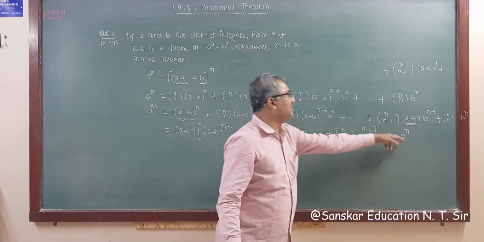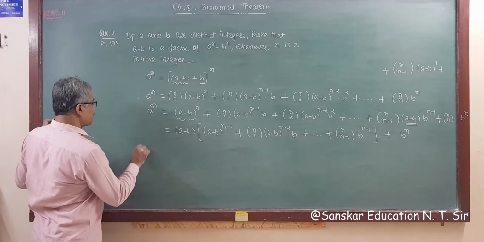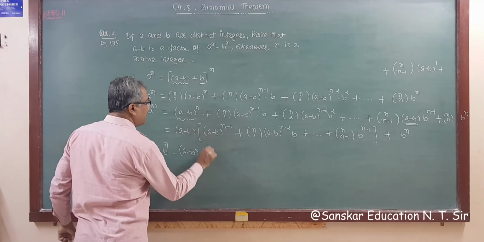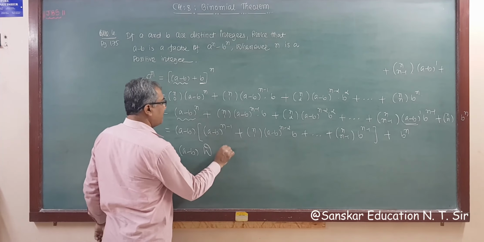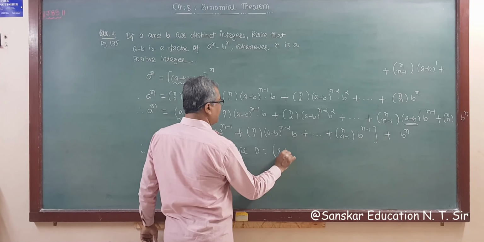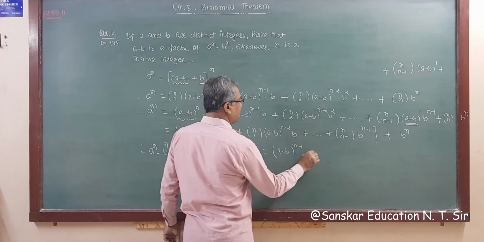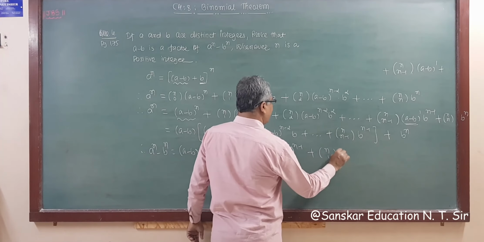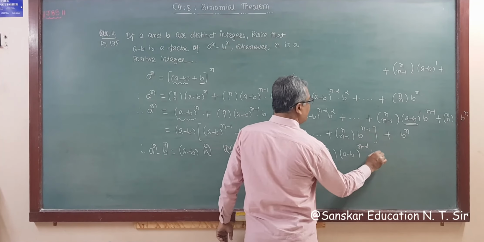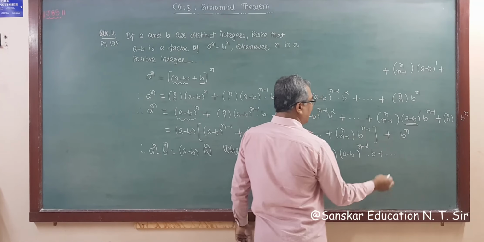So taking b raised to n to the left hand side, what we get? A raised to n minus b raised to n is equal to a minus b into d, where d is equal to a minus b raised to n minus 1 plus nc1 a minus b raised to n minus 2 into b plus dash dash dash. So this is the d.